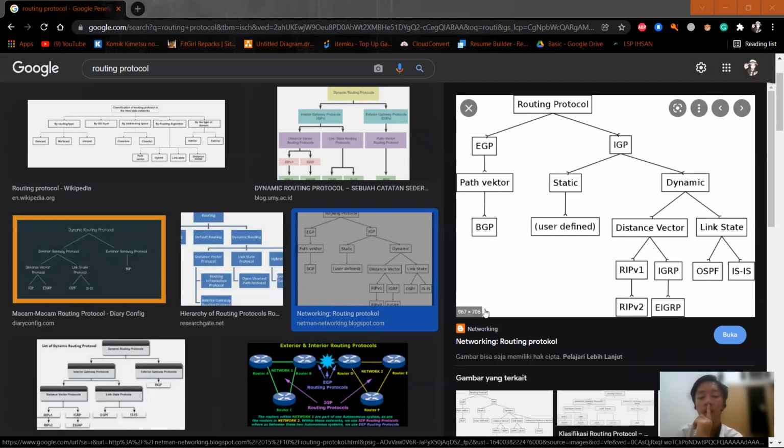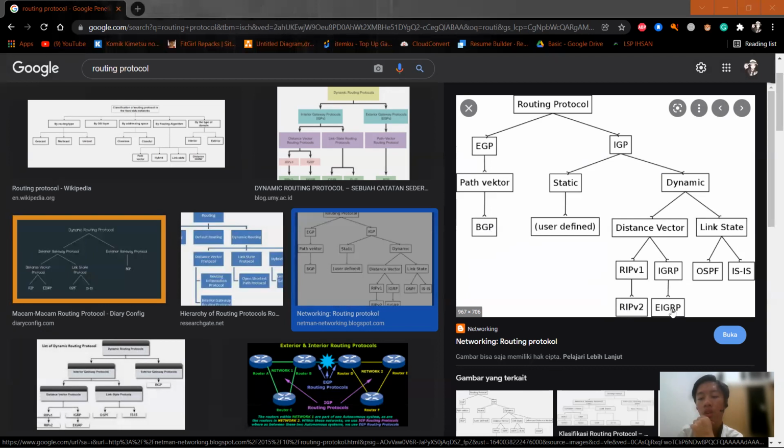But now, the routing protocol most usually used is BGP to connect buildings in other countries. BGP is for external routing, and IGP for internal routing.